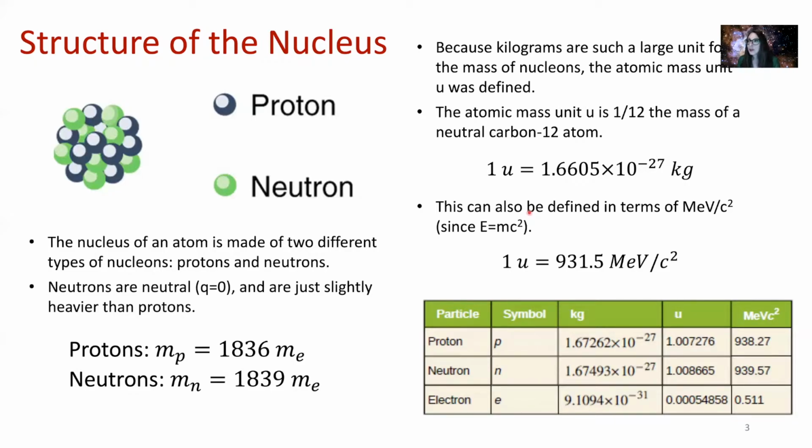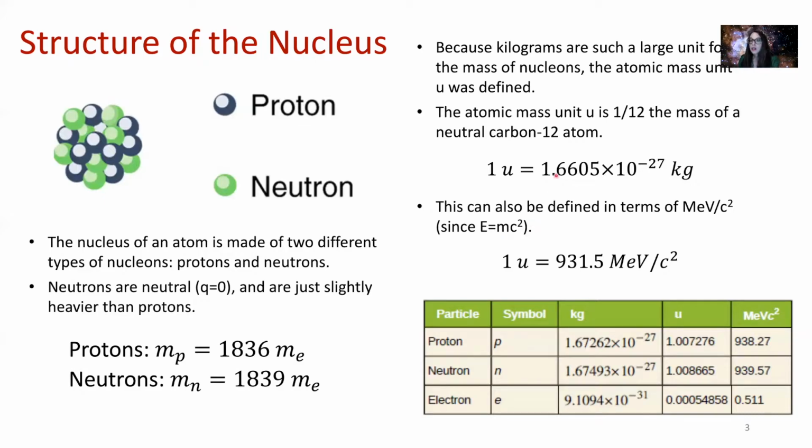Energy is equal to mass times the speed of light squared. This is Einstein's equation, E equals mc squared. If you rearrange this for mass, you can relate the mass to the energy and the speed of light, so mass is the energy over c squared.